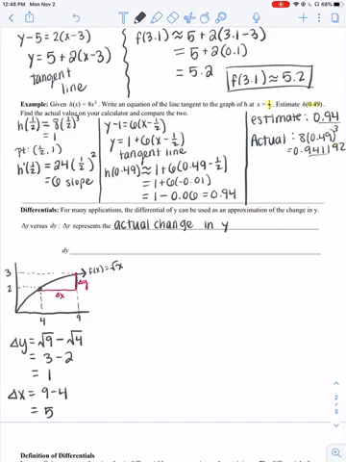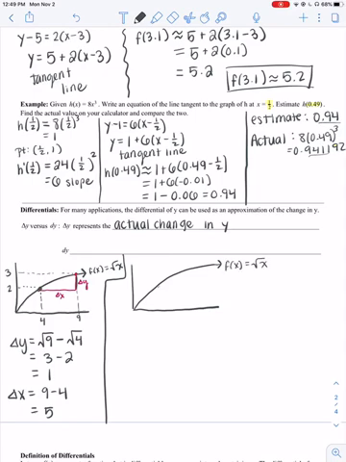But what if we didn't choose such friendly numbers? So we are going to make another sketch. Okay, so once again, we have our function f of x equals the square root of x, and we're going to have 4, and the square root of 4 is 2.